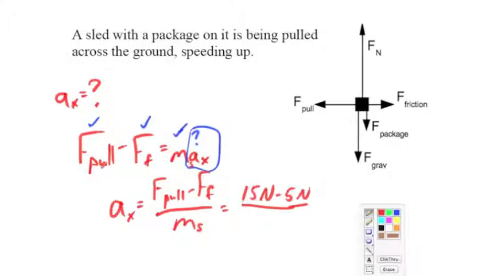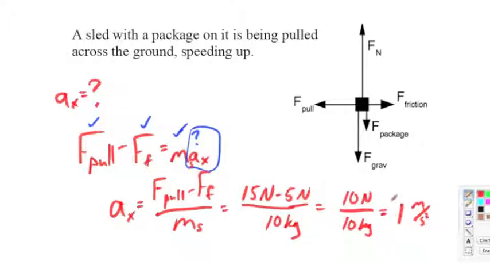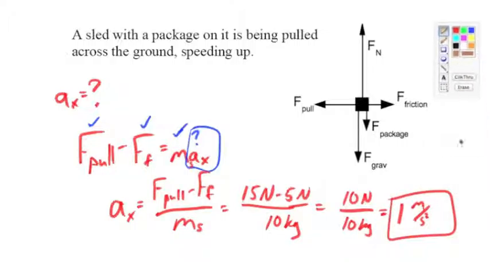The object that we're talking about, the equation this was for, was the sled itself. The sled had a mass of 10 kilograms. And what I get here is 10 newtons, which is kilogram meters per second squared. If I divide out those kilograms, I will be left with meters per second squared. And if I divide 10 by 10, I get 1. We get an acceleration of 1 meter per second squared. That's it.